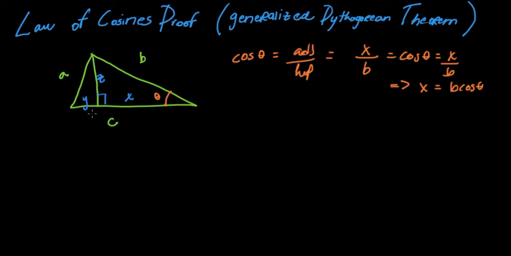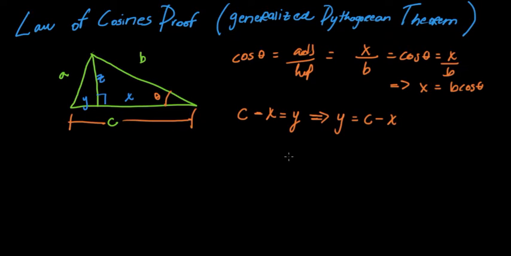Next, if we want to find y, well, I know that this entire length here is c, and if I take away this x part, I'll be left with y. So we can say c minus x would leave me with y. We get y is equal to c minus x here.